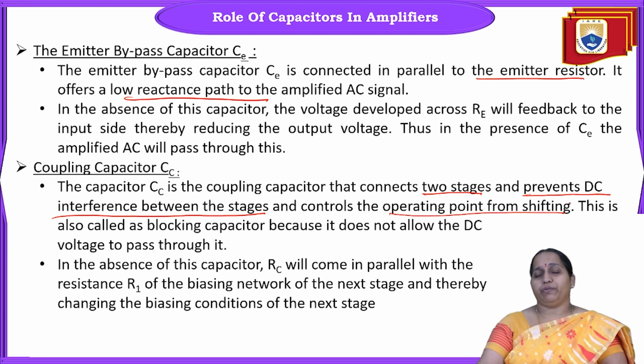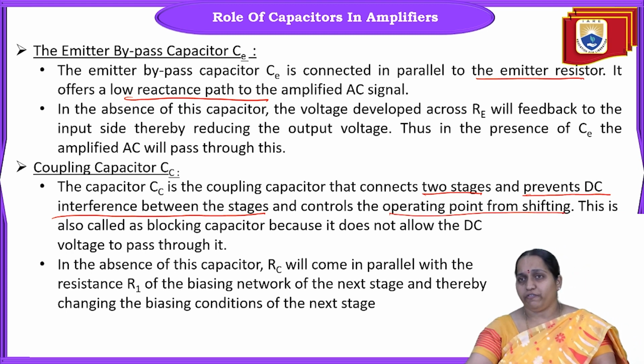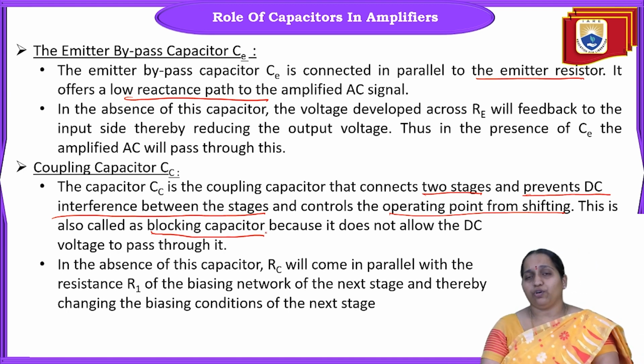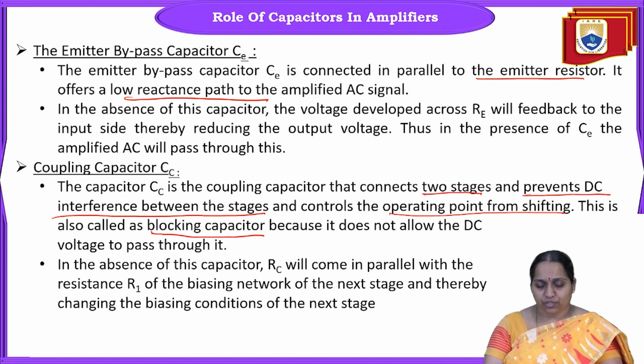By making use of this coupling capacitor CC, the operating point will not be shifted. This is also called a blocking capacitor because it does not allow the DC voltage to pass through it. Why are you calling it a blocking capacitor? Because it is not allowing the DC voltage to pass through it.